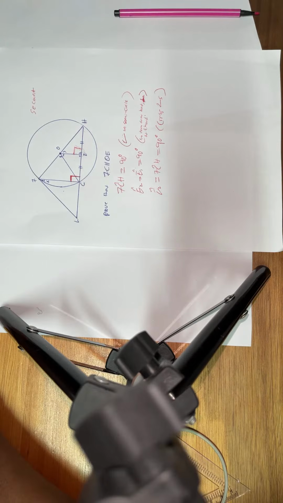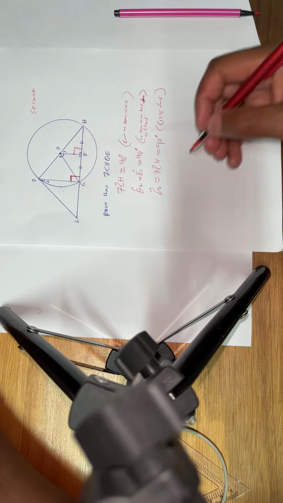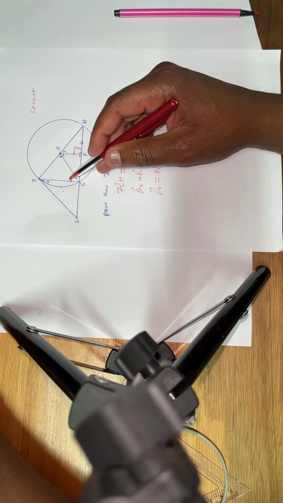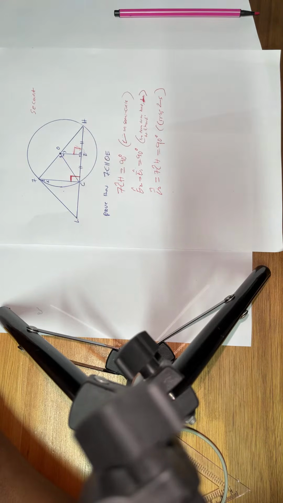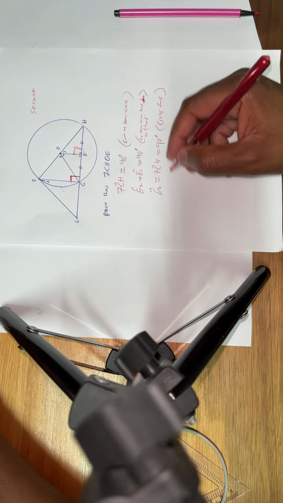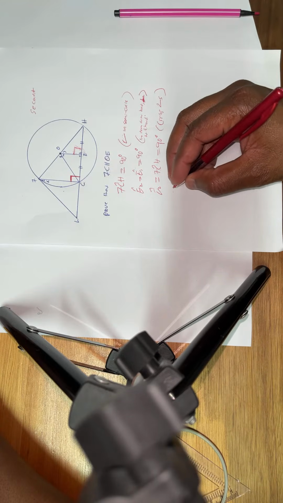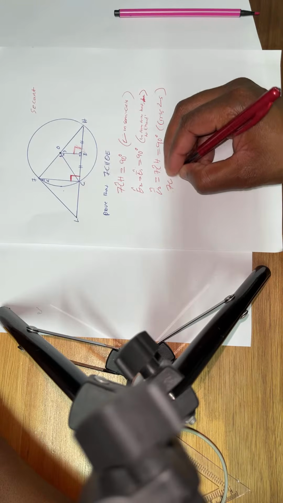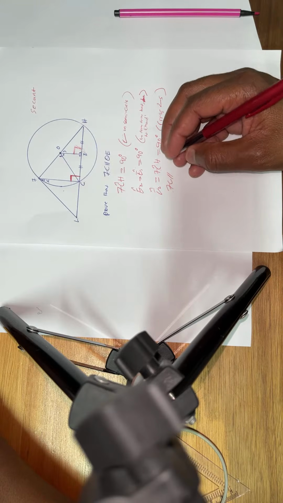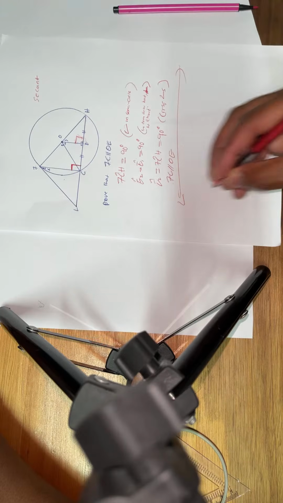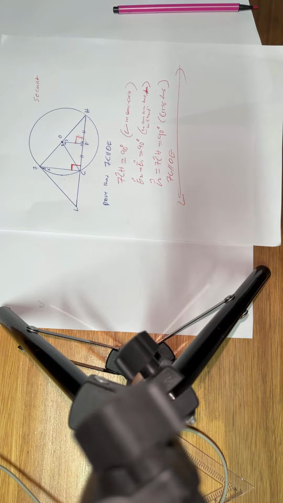Since we know that angle E2 and angle FCH are 90, therefore you can say FC is parallel to what? To OE. Done. So we are done with this question, guys.